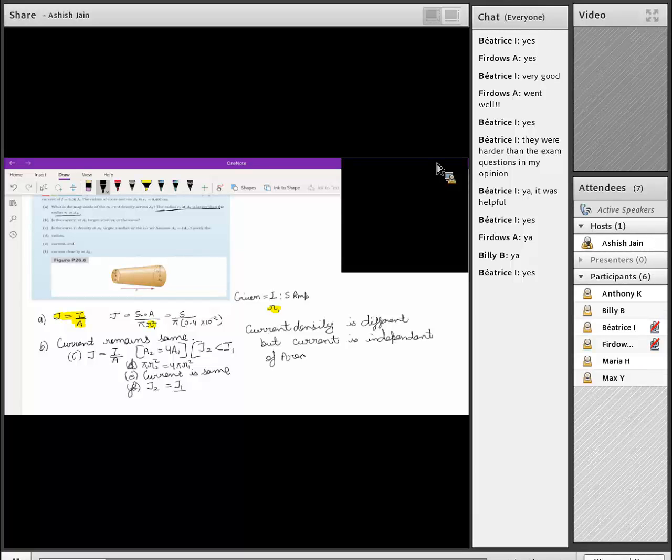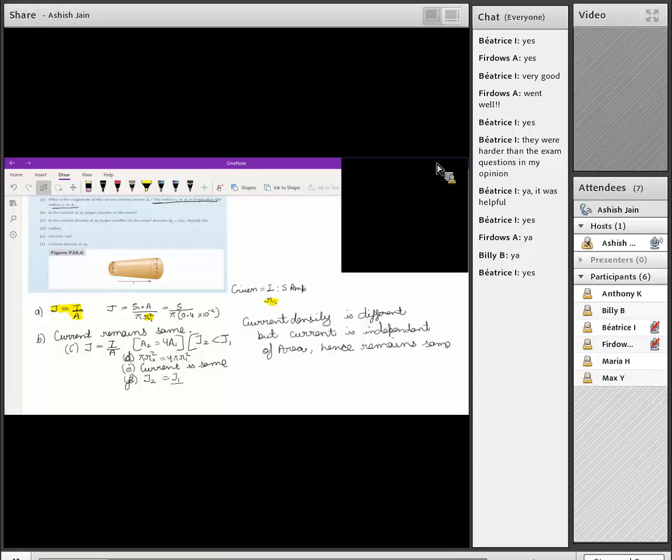Current is independent of area, hence it remains the same. Let's move on to the next part.